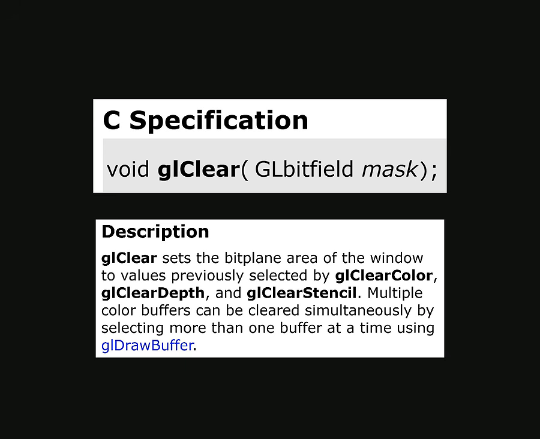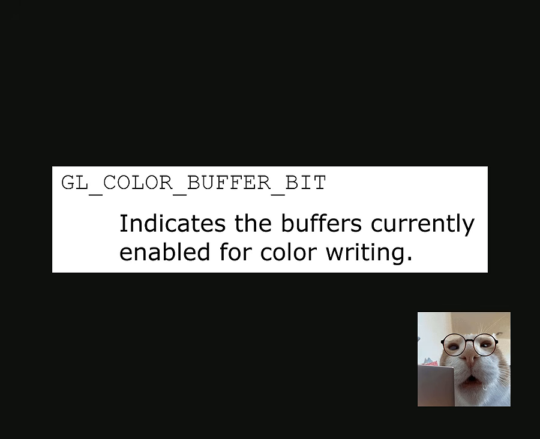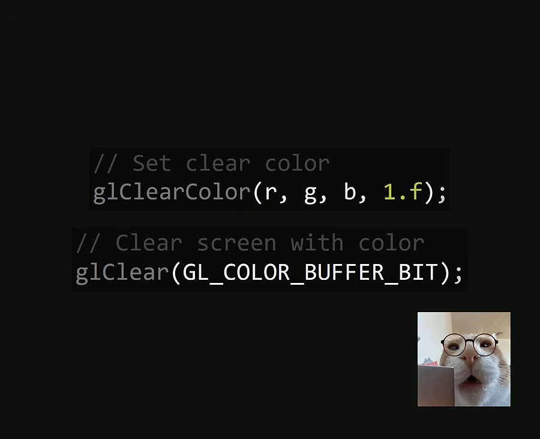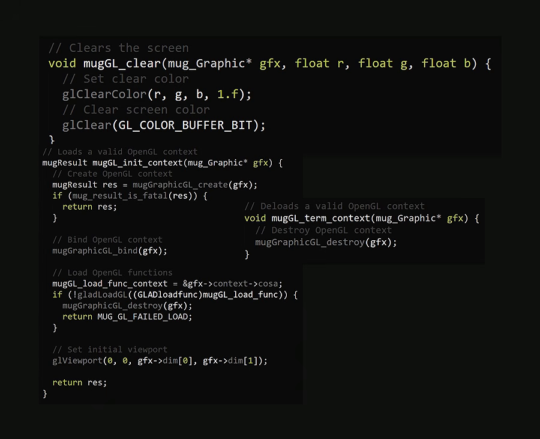And then glClear simply clears a particular screen buffer, which in my case I want to clear the color buffer, so I tell OpenGL that with this value. So these two functions in sequence set the clear color to whatever I need, and then clear the screen with that color. And believe it or not, that's all I need to code in OpenGL for now, with all this wrapped up into a few nice and clean functions.